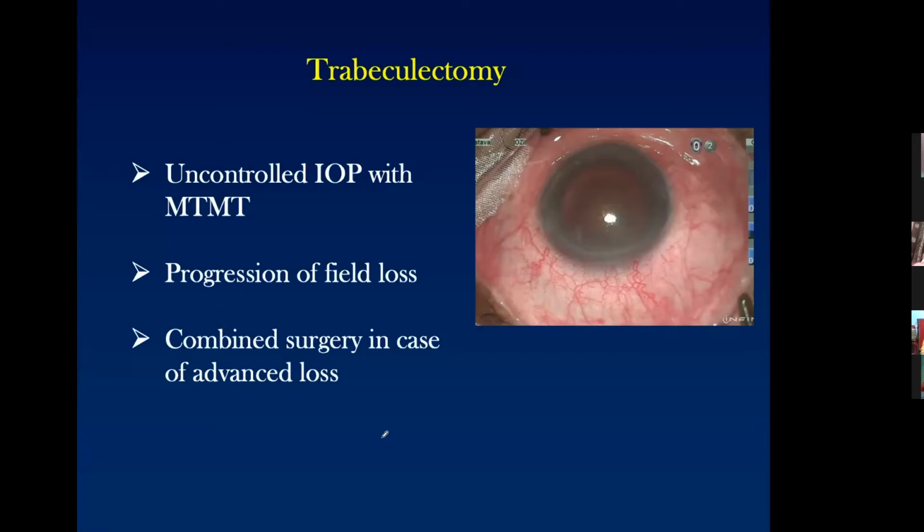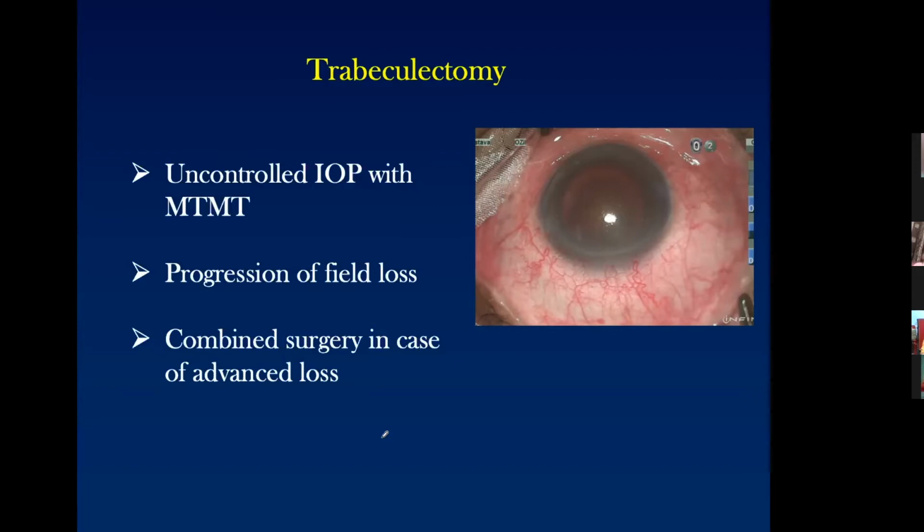Those are the patients in which, as Tanya has described, they require a lower target IOP. So in those patients, we require a lesser IOP that can be achieved with surgery only. So those are the candidates of doing a trabeculectomy. Also, patients who are well controlled with medications, but they are on more than 2 medications, and they eventually develop cataract. So we can combine a cataract surgery with a trabeculectomy.